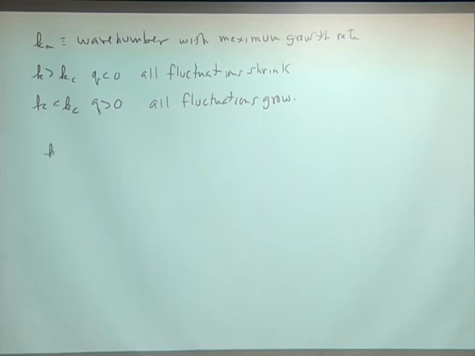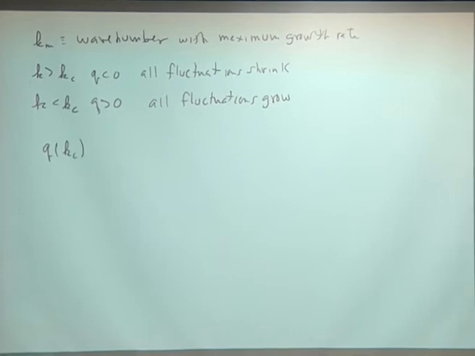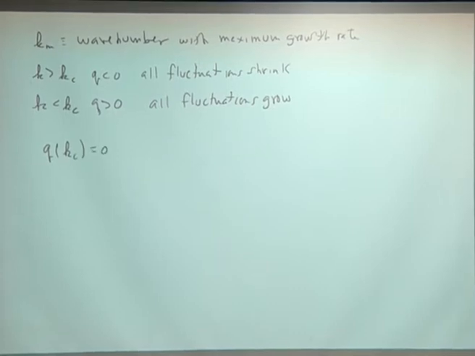So Kc is given by, as I said, you can determine Kc because Q of Kc equals 0. And that implies that F double prime plus 2 kappa k squared equals 0.